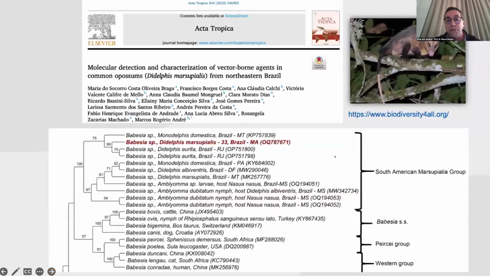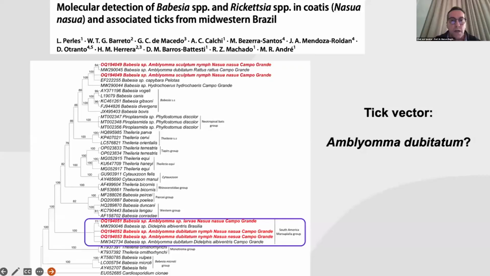Then we went to northeastern Brazil, in the state of Maranhão, and we collected blood samples from Didelphis marsupialis, which is the third Didelphis species found in Brazil. And again, you can see the uniqueness of this highly supported clade, which comprises Babesia from the Didelphis species from Brazil.